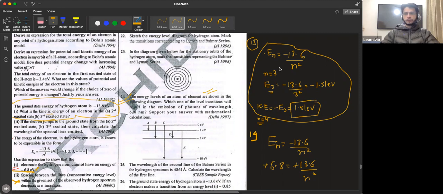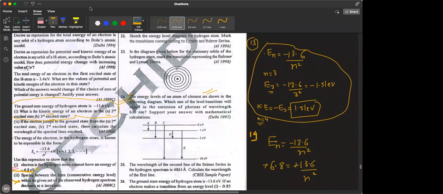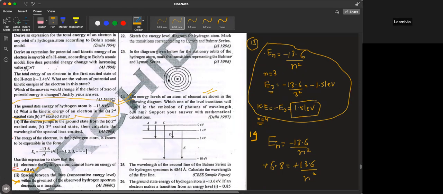This is very, very important. So which transition will correspond to this 620 nm?